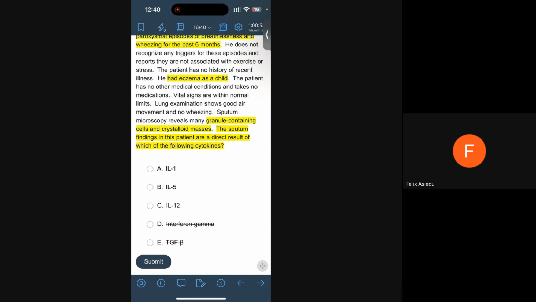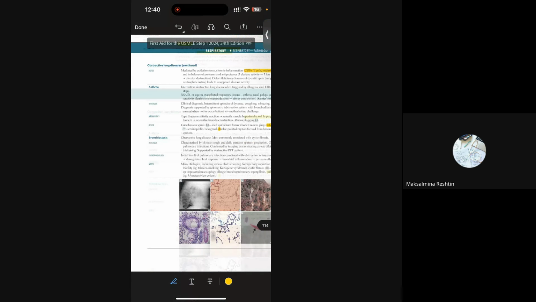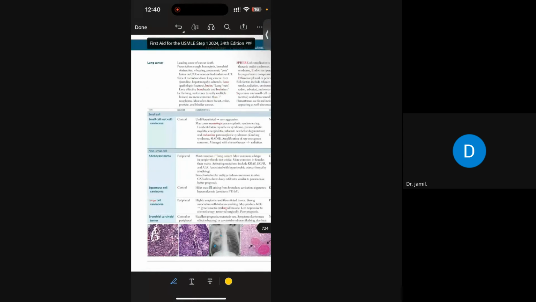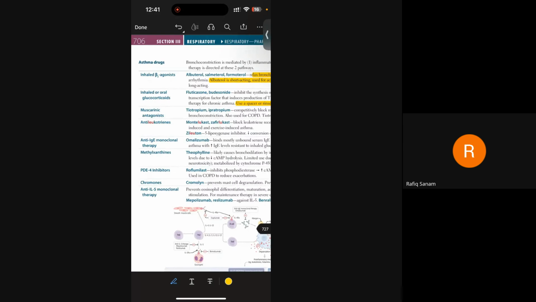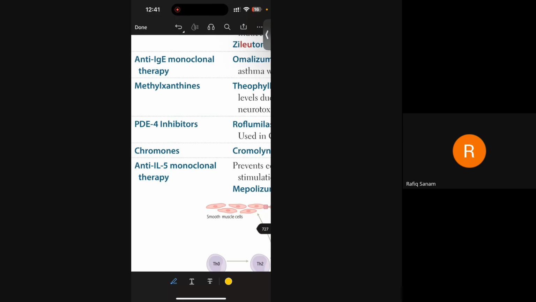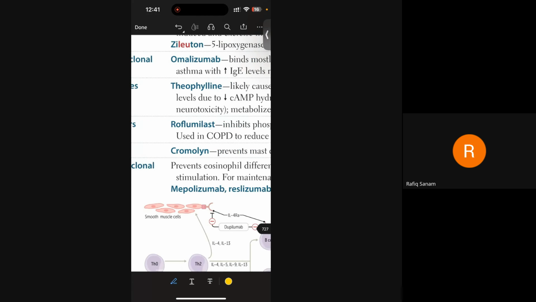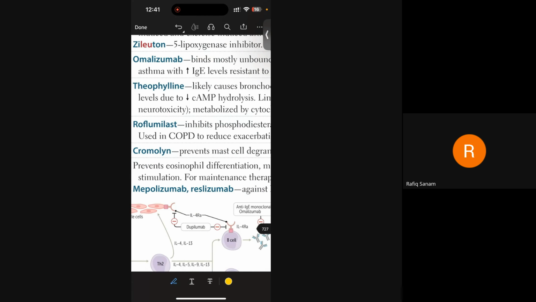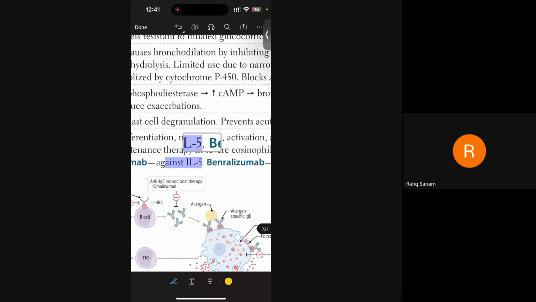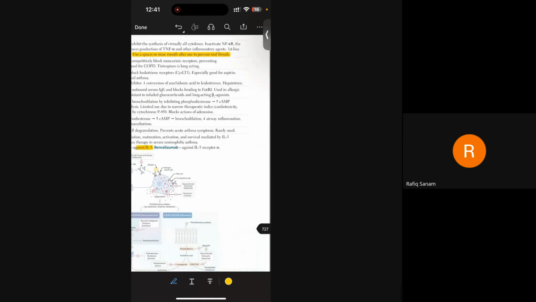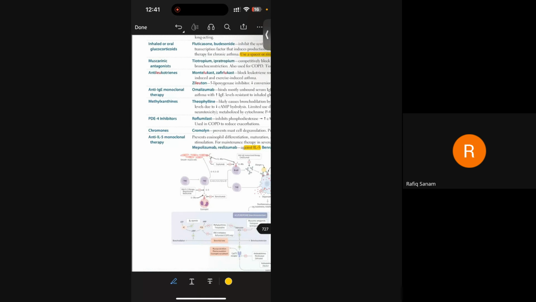Anti-IL-5 monoclonal therapy: mepolizumab, reslizumab, against interleukin 5, because interleukin 5 is involved in asthma.